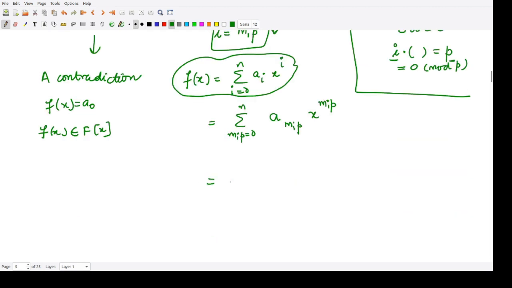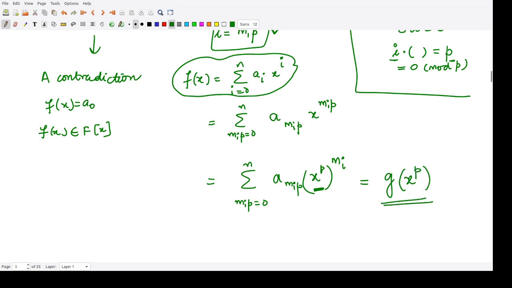We can simplify this: the sum over m from 0 to n of a_mp times x raised to power p, whole raised to power m. So that means you have written this polynomial as some polynomial in x raised to power p. So let me call this g(x^p).